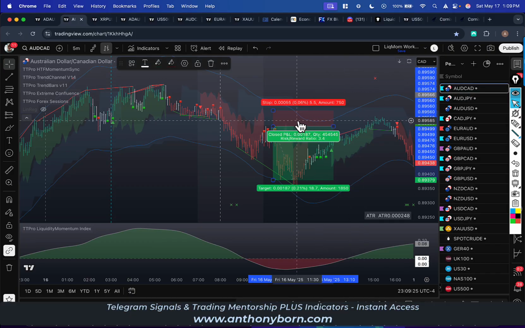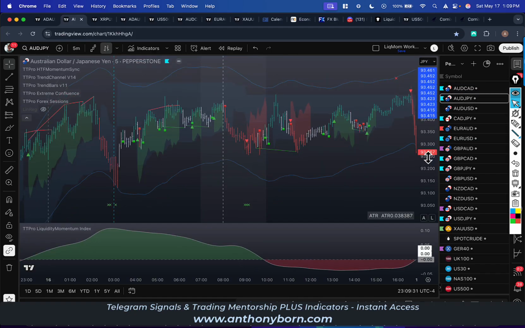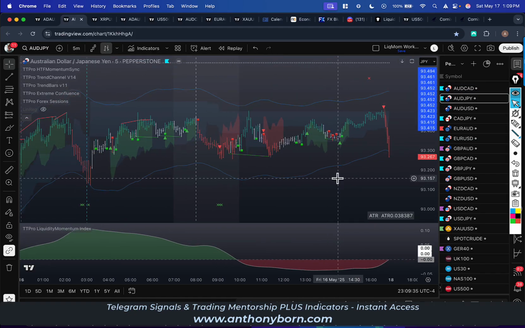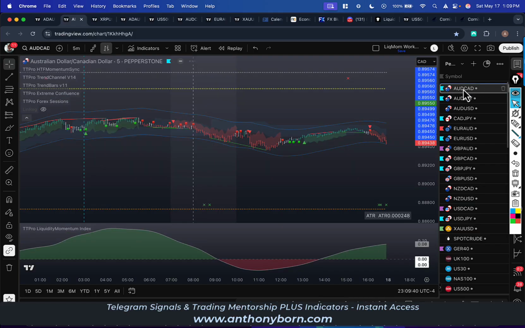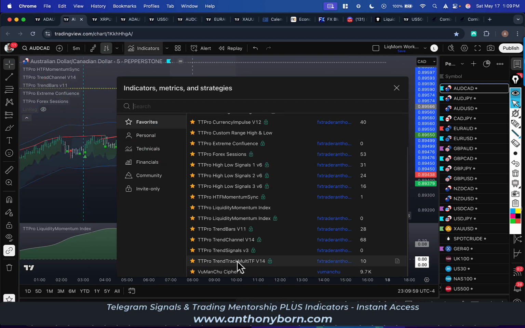I'll just copy that. Aussie yen. All right, so that one wasn't the best setup. So with the Aussie CAD, we've got a 2R outcome. And look, the other thing you want to do with this is include this indicator, Trend Track multi-time frame.